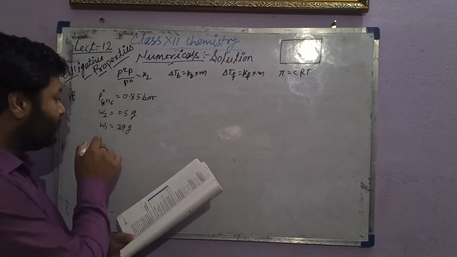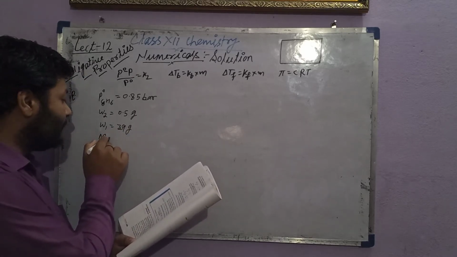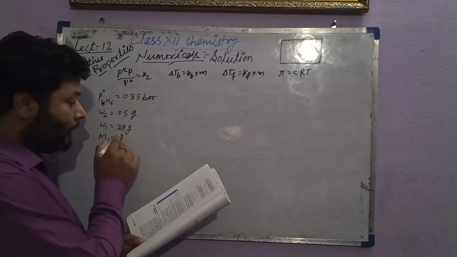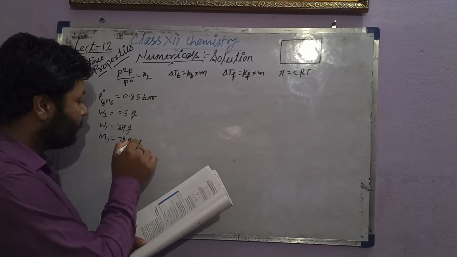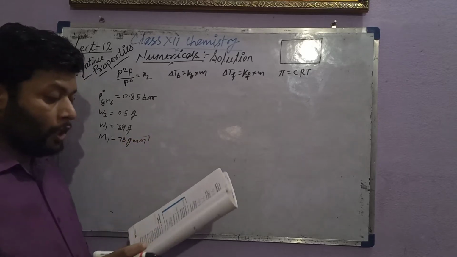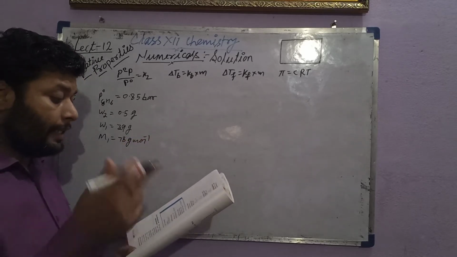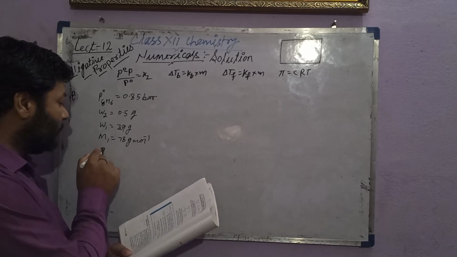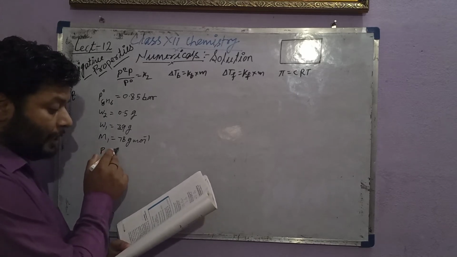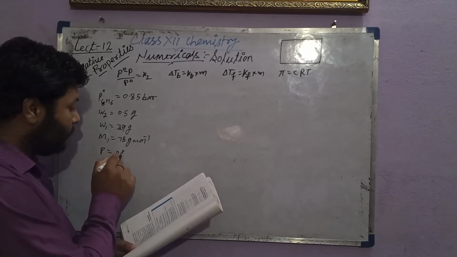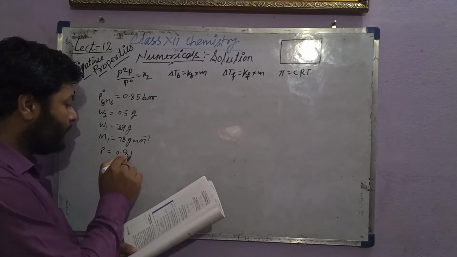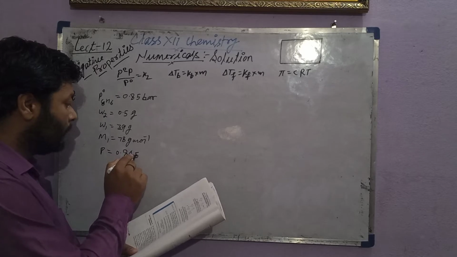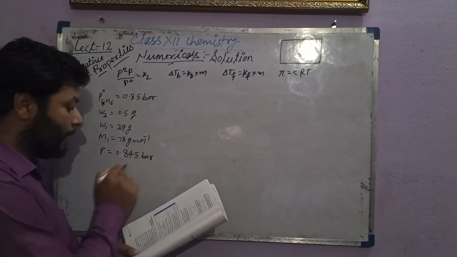The molar mass is also given. The molar mass of the solvent is indicated by M1, and its value is 78 gram per mole. The vapor pressure of the solution is called P, and P solution is 0.845 bar.